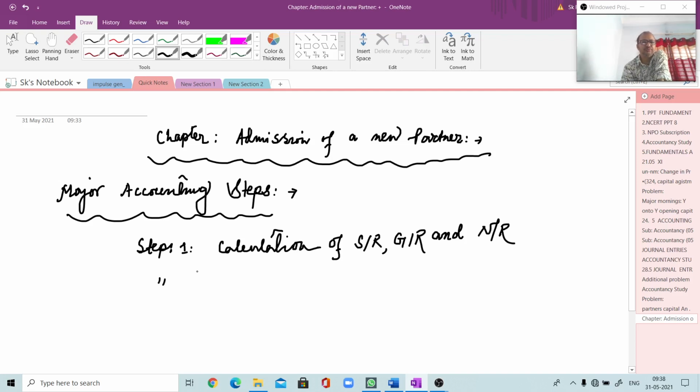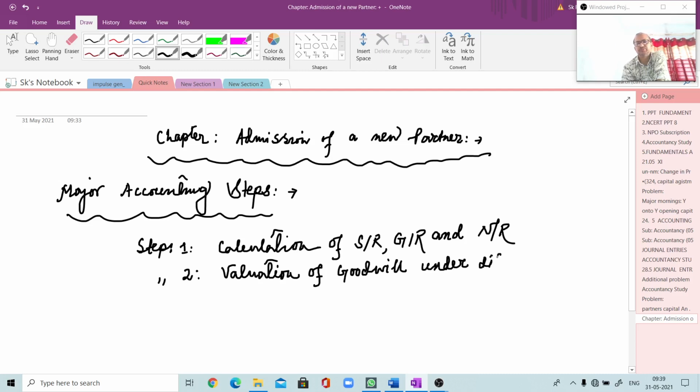Now in step 2: valuation of goodwill under different methods.